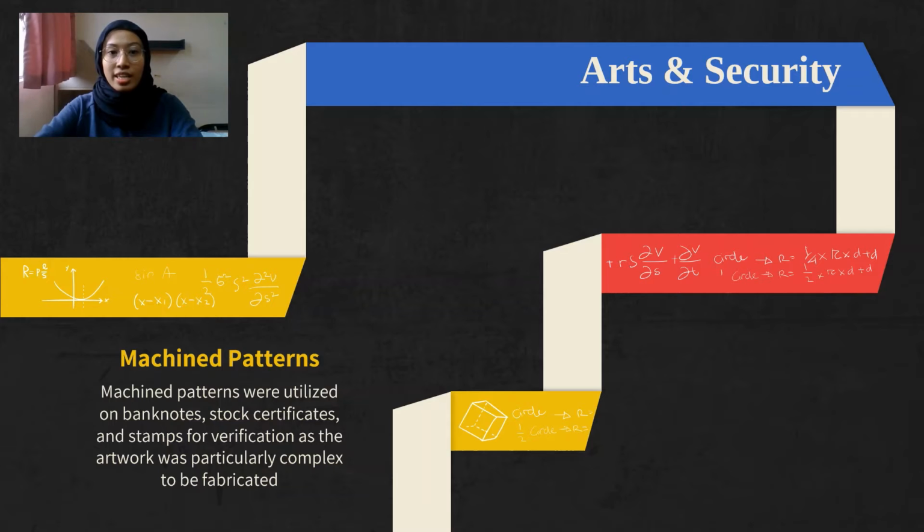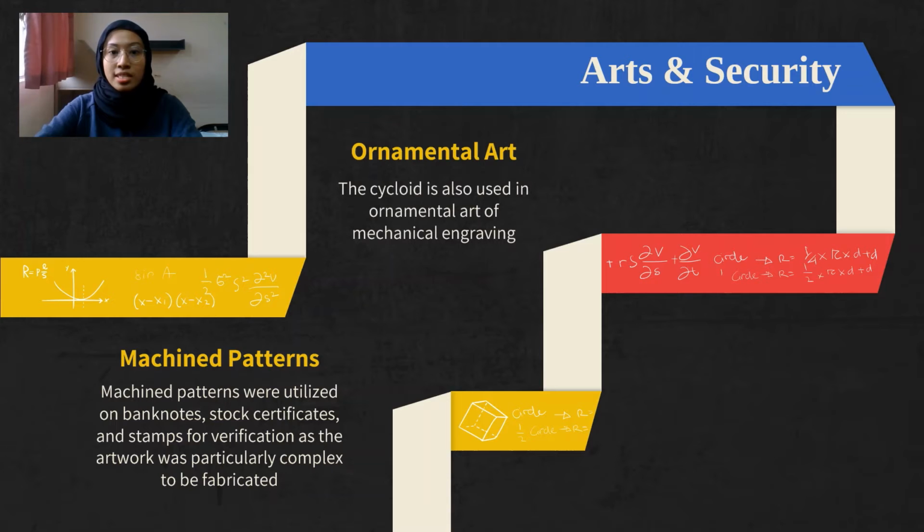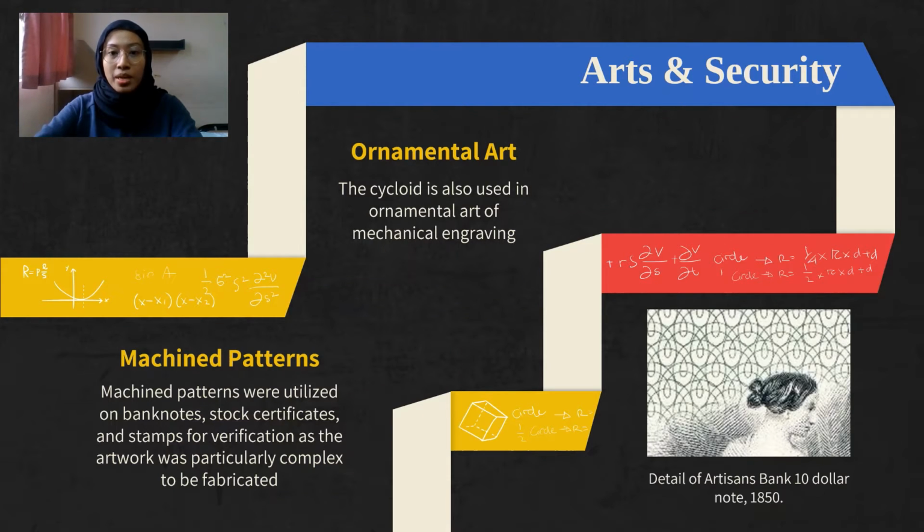Commercial banks in the United States were allowed to manufacture their own money before a national currency was founded in 1863, and the mechanical engravings helped persuade customers that the notes were real. The figure shows a close-up of an antique banknote, illustrating the multiple prolate cycloids engraved on the banknote.